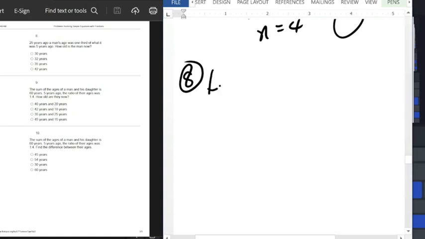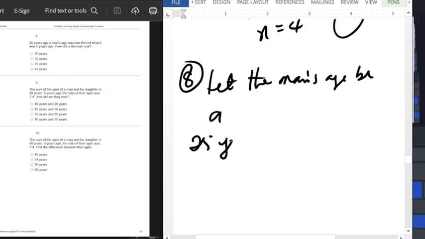Let the man's age now be A. 25 years ago, that means A minus 25 is the man's age.